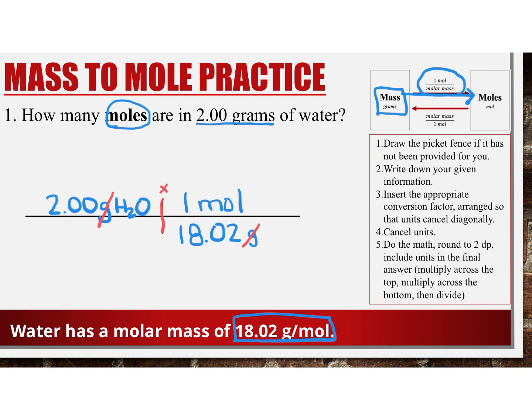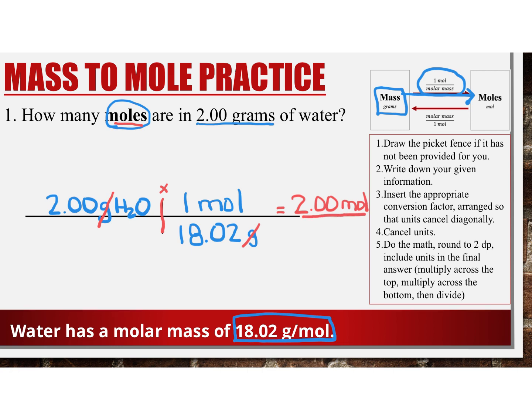So we would take 2.00 times 1, which just happens to be 2.00. I'm going to go ahead for this problem and do that work just so you can see what that looks like. So we would multiply across, and we got 2.00, and we're left with the mole, which is what we want, so we're doing pretty good.